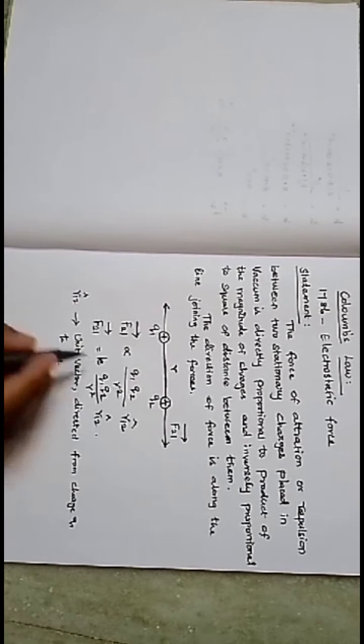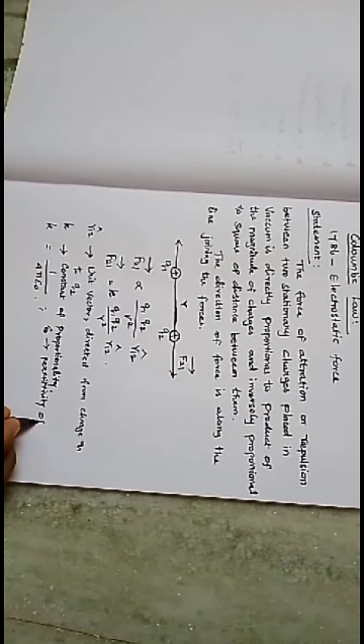Here this R12 cap is the unit vector directed from charge q1 to q2. Due to the charge q1 there is a force experienced. Here k is the constant of proportionality. It has the value k is equal to 1 divided by 4 pi epsilon naught.